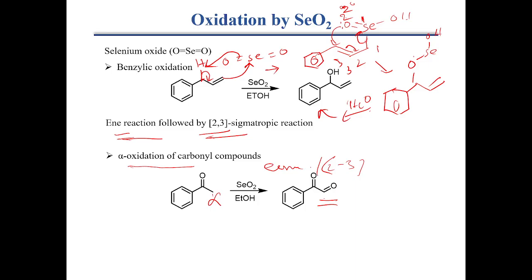Then I discussed the selenium dioxide mediated oxidation. The benzylic or allylic position is oxidized by selenium dioxide through an ene reaction and 2,3 sigmatropic rearrangement. Also, alpha oxidation of any ketone can be done through the selenium dioxide mechanism. The same mechanism proceeds.